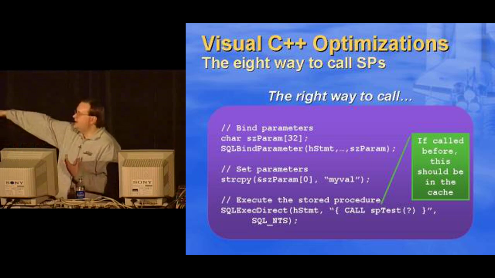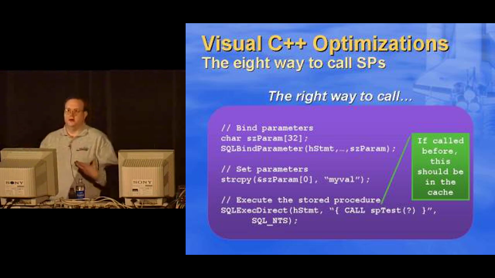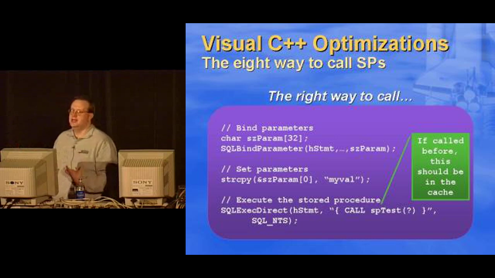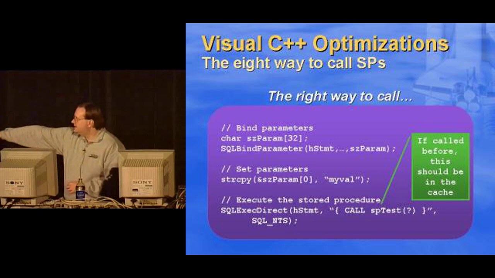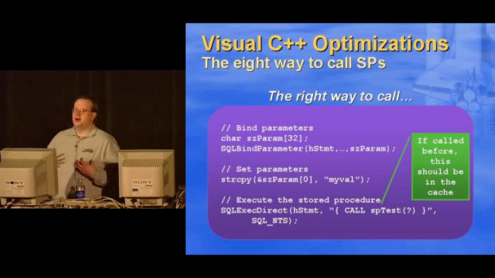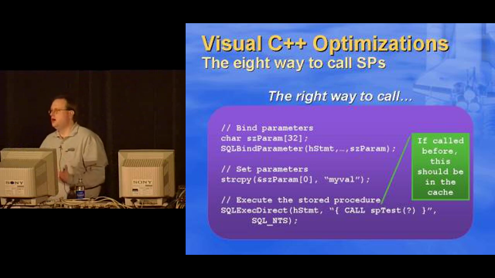So if you bind an integer, for example, it knows what the possible values are. It knows how big it is. So it doesn't have to waste time doing that. Now, in our case, if you look down at the bottom line of code there, the SQL exec direct statement, notice we changed this ever so slightly to be a question mark. The question mark is kind of the ODBC call syntax to represent a parameter.